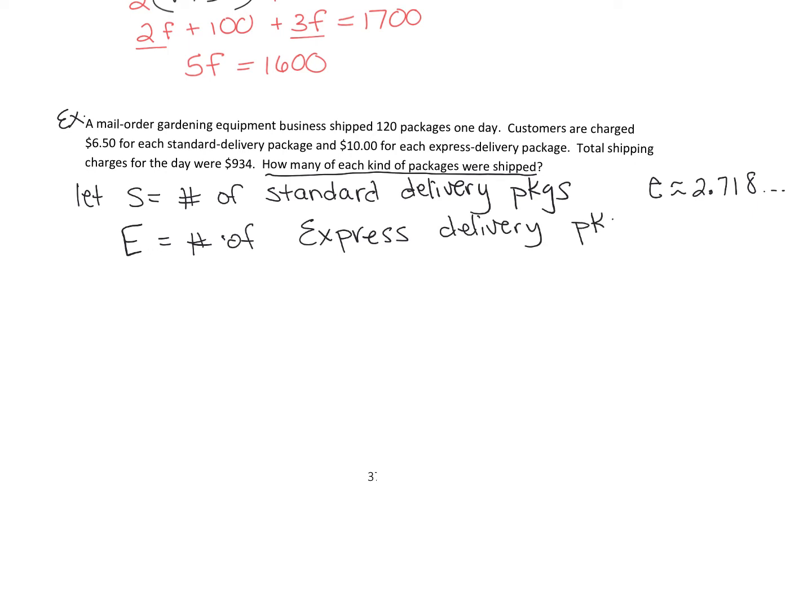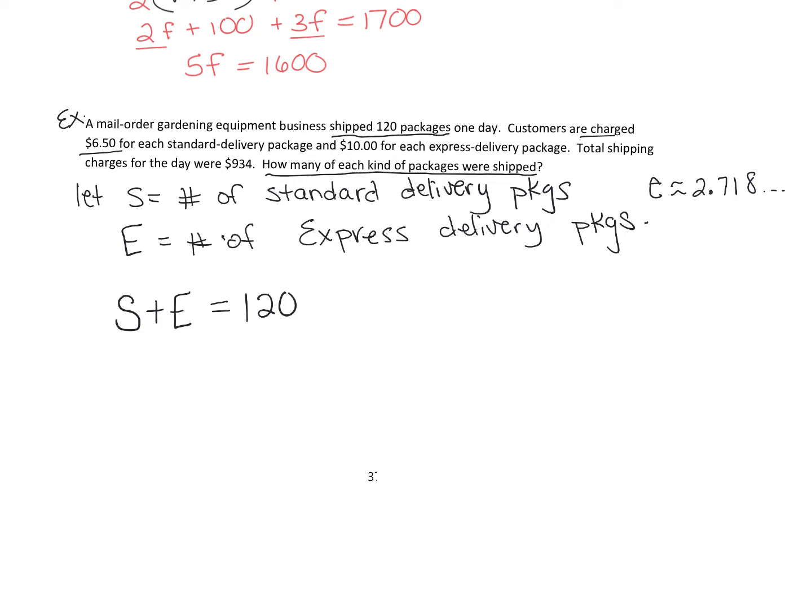All right, so we've identified our variables. We know they shipped 120 packages. So the number of standard delivery packages plus the number of express delivery packages should be 120. They are charged $6.50 for each standard delivery package.